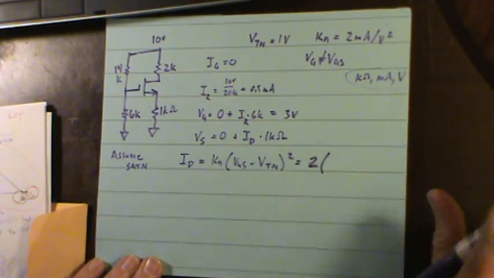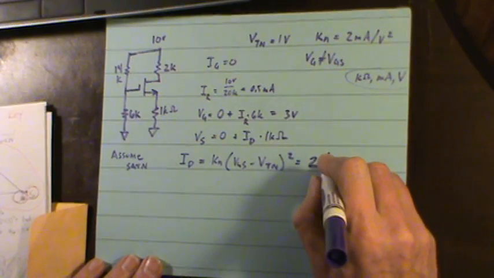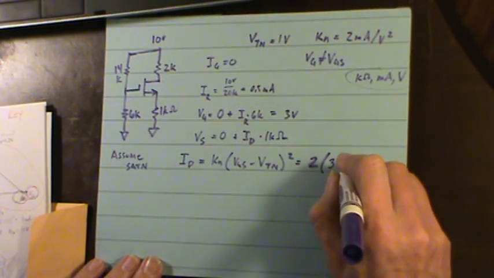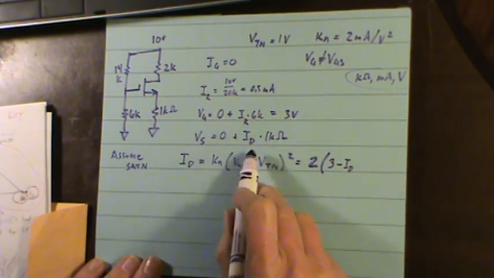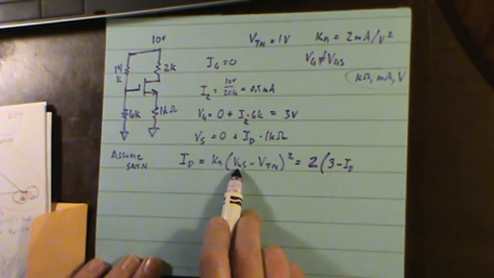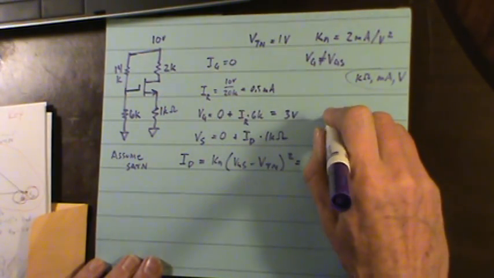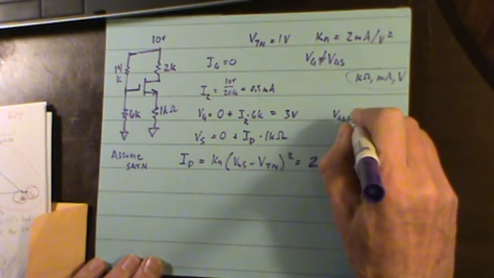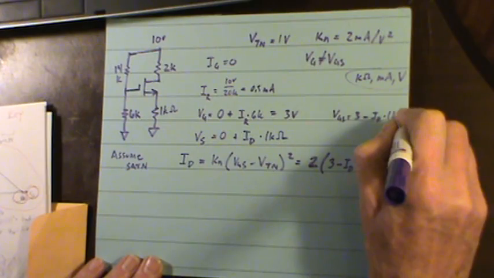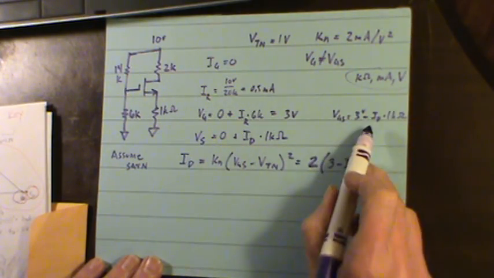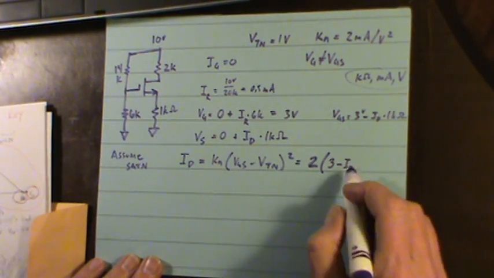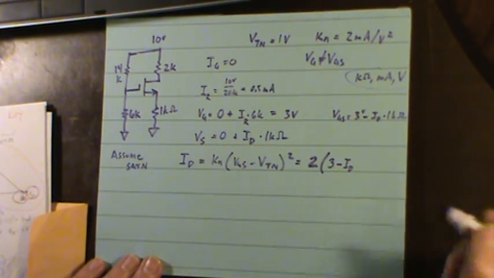So watch carefully: 3 volts minus ID times 1K, but I'm going to drop the units of K ohms. So that's my VGS. VGS equals 3 minus ID times 1K ohm. If I drop all the units, and remember I've got them someplace, then I get 3 minus ID.